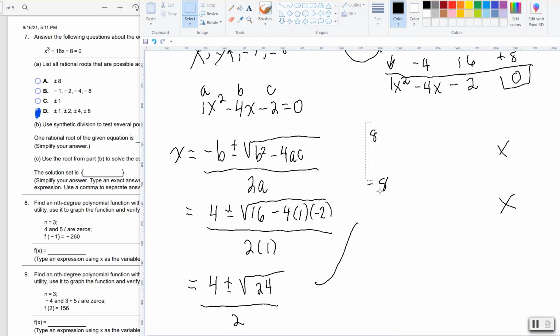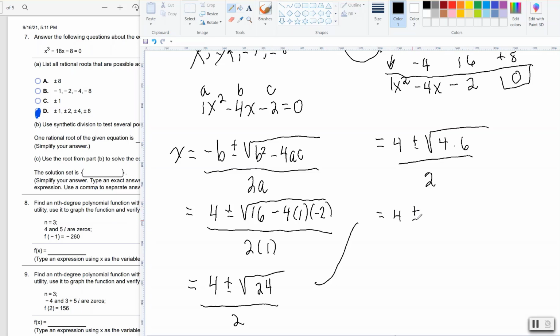So I need to reduce this all the way. So that's going to be 4 plus and minus the square root of 4 times 6, and all of this is over 2. So that's 4 plus or minus 2 square root of 6 over 2.